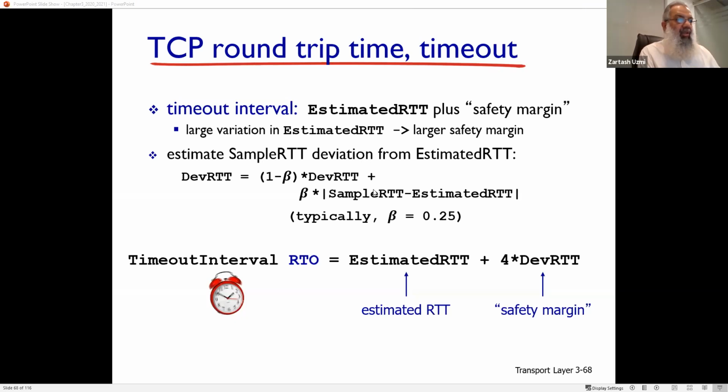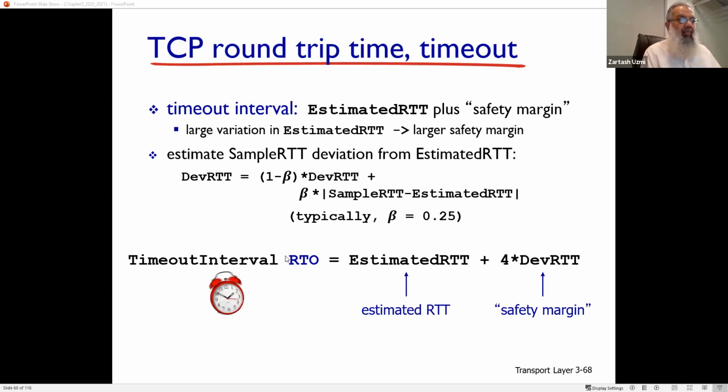You take a smooth value of that deviation, multiply that by 4 to give you a safety margin, and add that to your estimated RTT to get the timeout interval, and that's a reasonable estimate for the timeout interval.